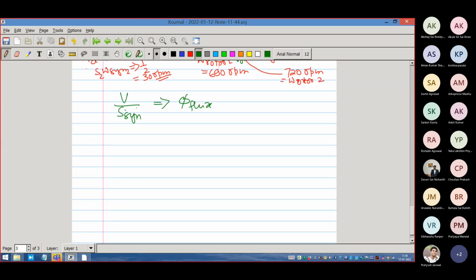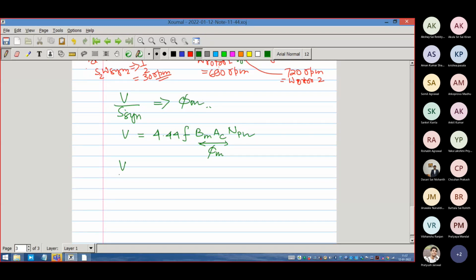Because you know the induced voltage expression is 4.44 f phi m into number of turns per phase. This is the expression we use. So this V, that is E, is proportional to flux phi, equal to f phi m, the maximum flux. This is the maximum flux that is allowable in the machine.